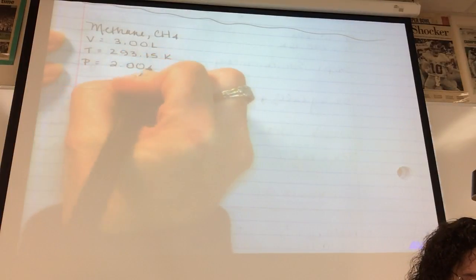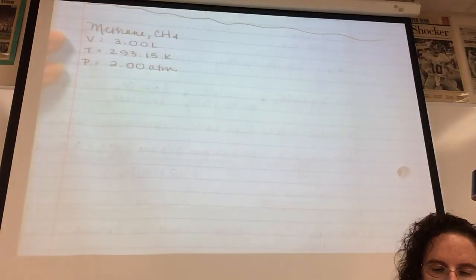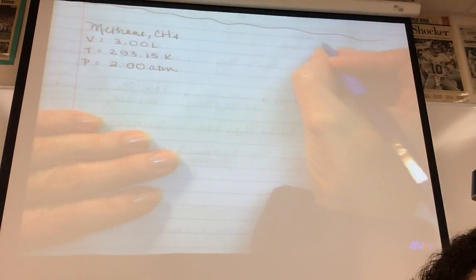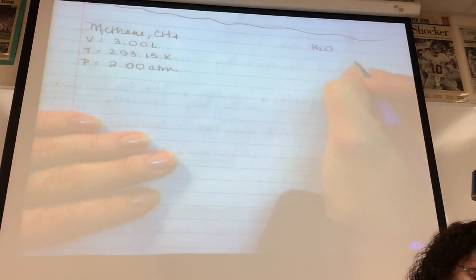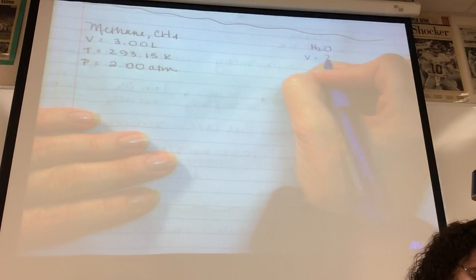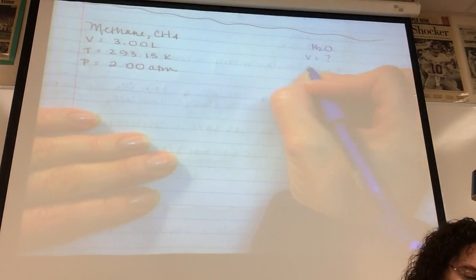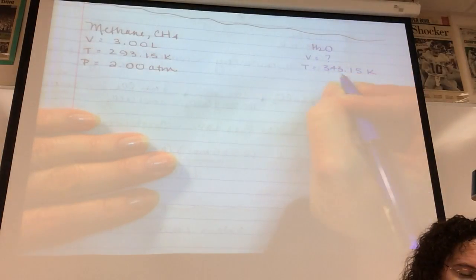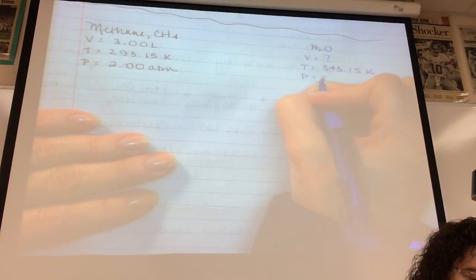And the pressure is 2 atmospheres. Then they're talking about water. They want to know the volume of it. The temperature is 343.15 Kelvin, and the pressure is 3 atmospheres.